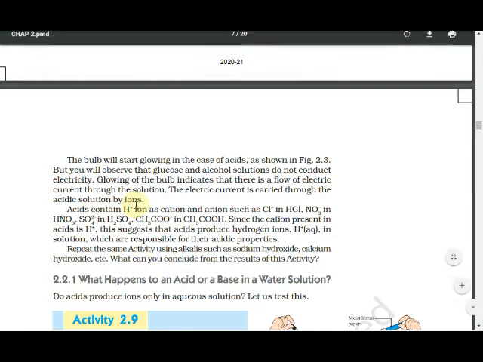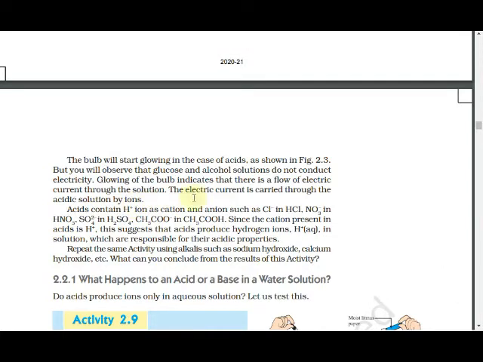Yes or no? Ion formation is done. To carry electricity, what is needed? Ions are needed, yes or no? So, when electric current passes through acidic solutions, the formation of ions takes place.